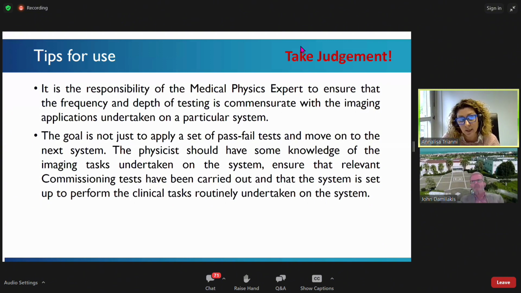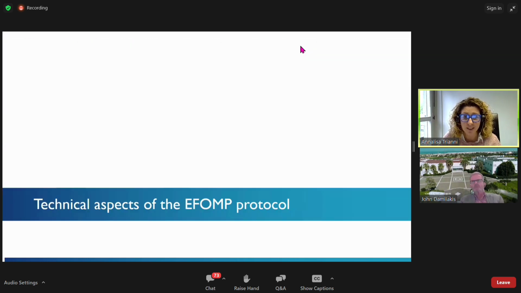The idea of this protocol is also that the physicists gain knowledge of the equipment and how it works based on the imaging task undertaken with the system. I'm done with the first part of the presentation, and I leave to Nick. Thank you.